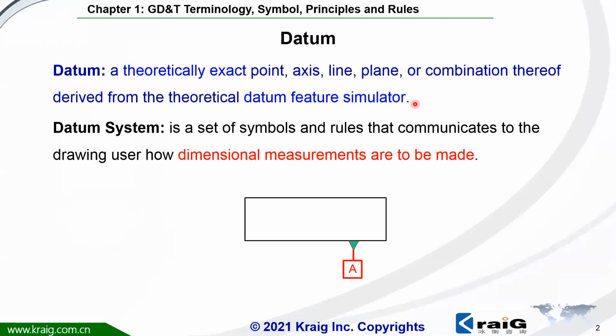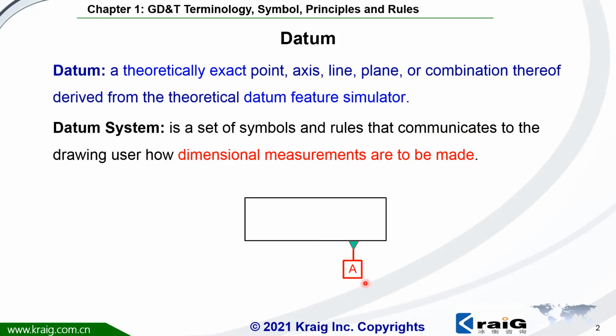We're going to explain that later. Datum system is a set of symbols and rules that communicates to the joint user how dimensional measurements are to be made. We are going to use datum system to measure parts based on the datum we specified.